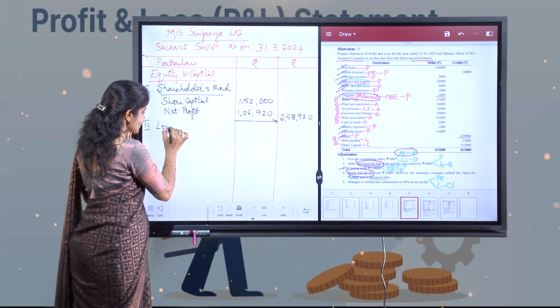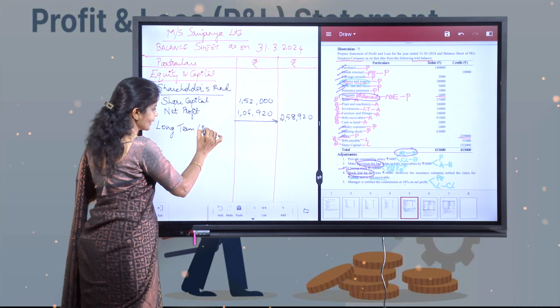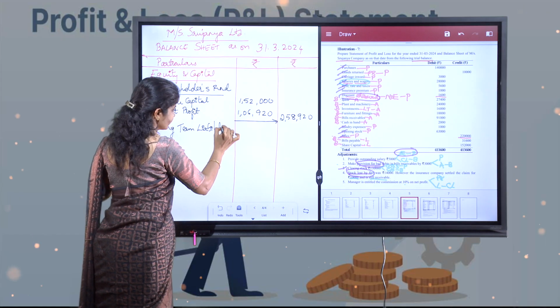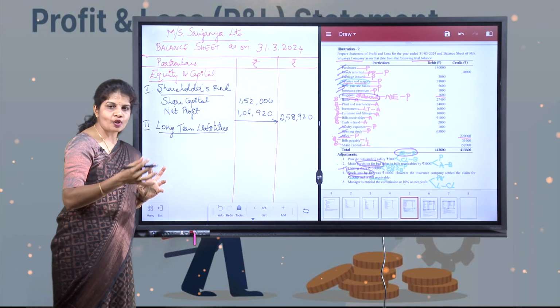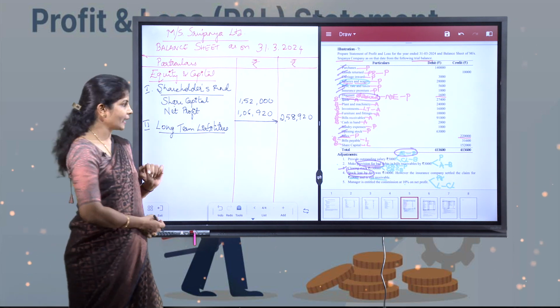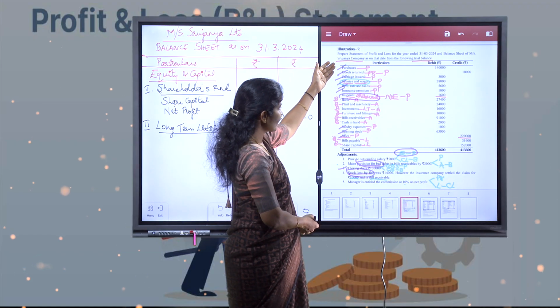Further is the second heading, long term liabilities. And next is short term liabilities, or current liabilities. Let us take whatever information we have on the long term liabilities.